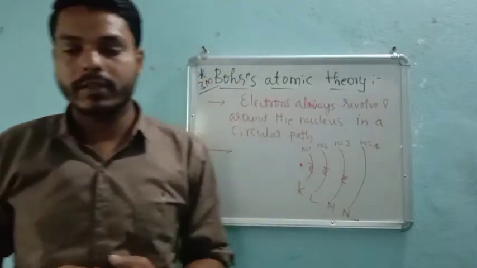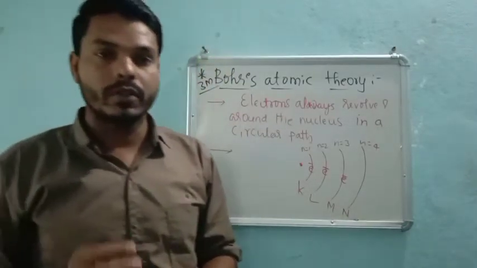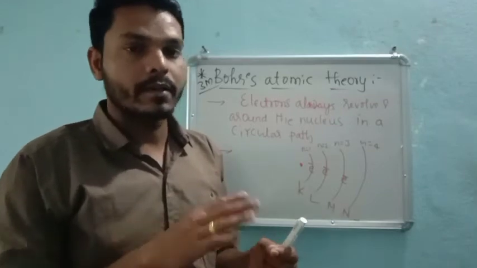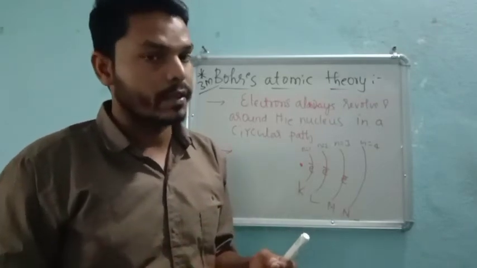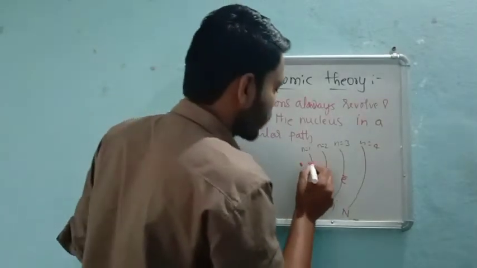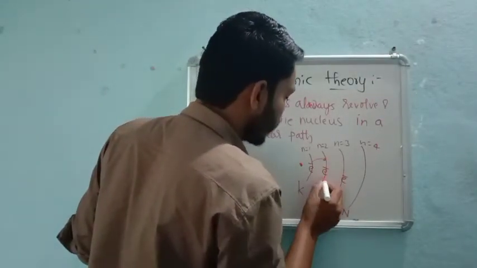And coming to the next point, the energy of the electron changes, right? So when it's revolving in its same path, definitely it will not change its energy. It changes when the electron jumps from higher to lower or lower to higher.